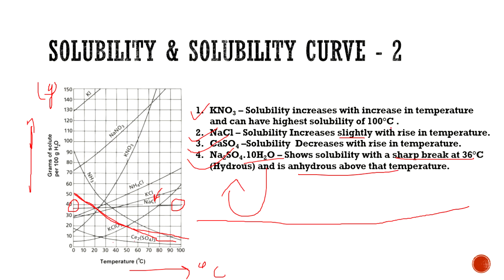At 36 degrees Celsius, it shows solubility in the hydrous state, but above 36 degrees, it becomes anhydrous. We will learn about hydrated and anhydrous in detail. Hydrous means water molecules are present, but anhydrous doesn't contain them.